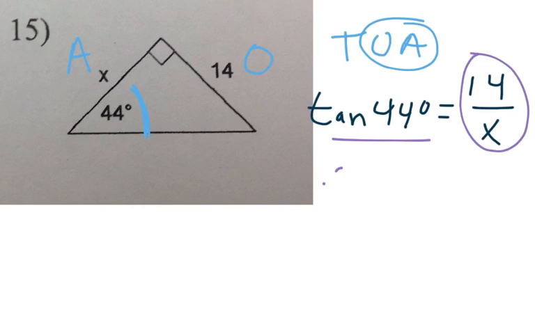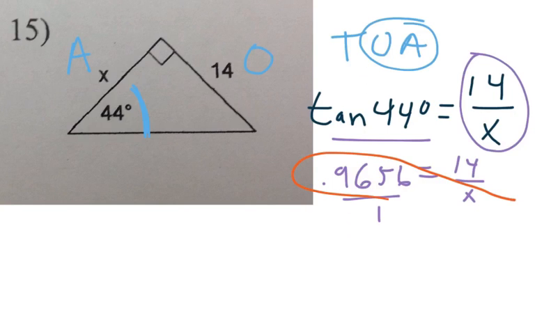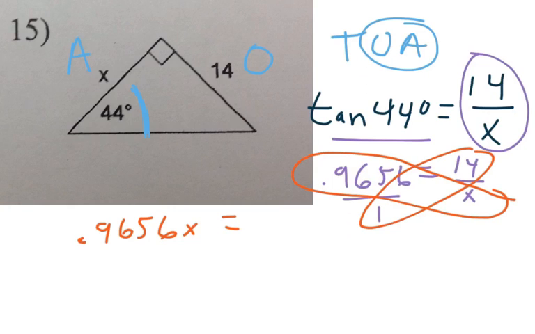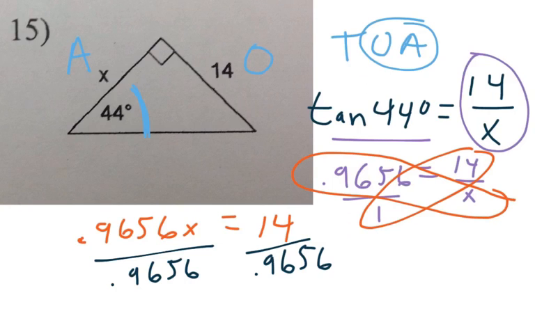So we know 0.9656 equals 14 over x, right? Putting that over 1, notice I'm going to take x times 0.9656, which equals 14 times 1, which is 14. And how am I going to solve this? I'm going to divide by 0.9656, right? And so that's what I did right here.